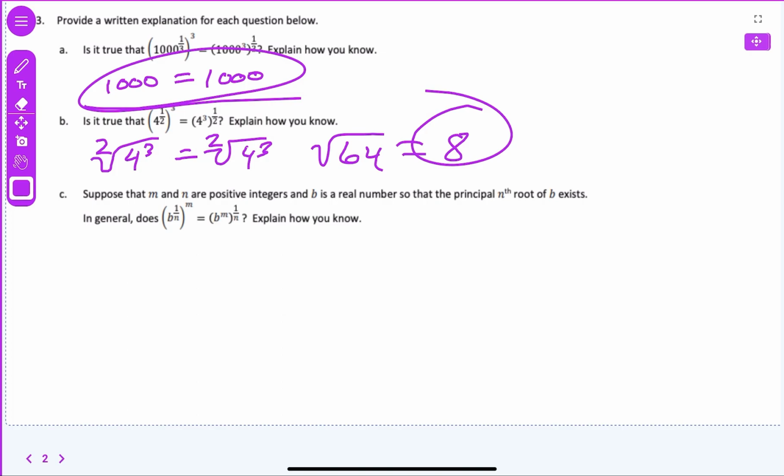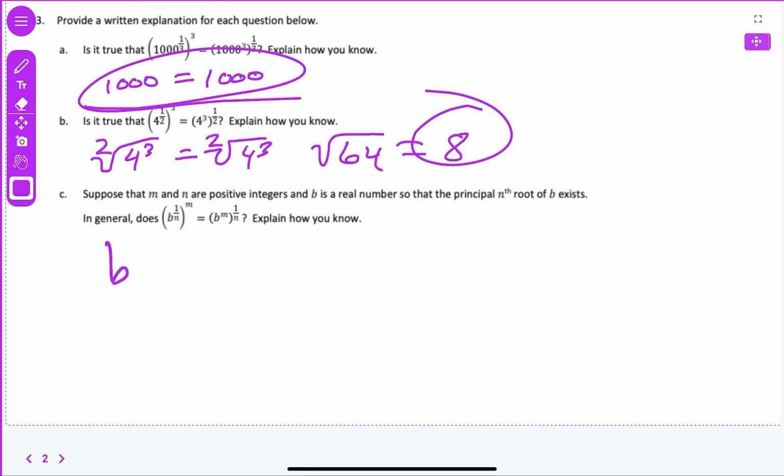C says, suppose that m and n are positive integers and b is a real number so that the principal nth root of b exists. In general, does or do those two equal each other? Yeah, that's what we've been doing this whole time, right? In general, those are going to work together.